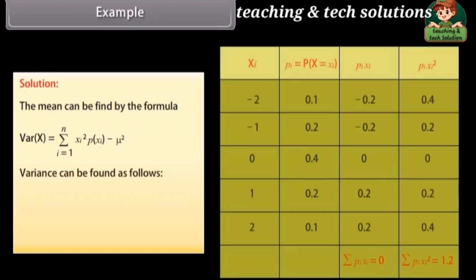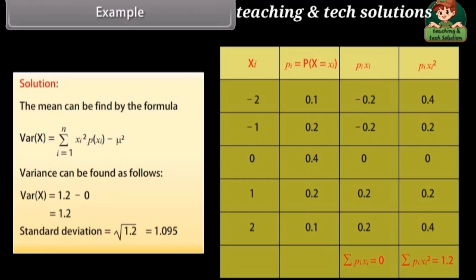Variance can be found as follows: 1.2 - 0 = 1.2. Standard deviation is equal to the square root of 1.2, which is 1.095.